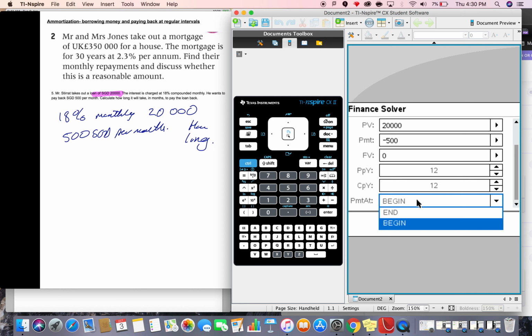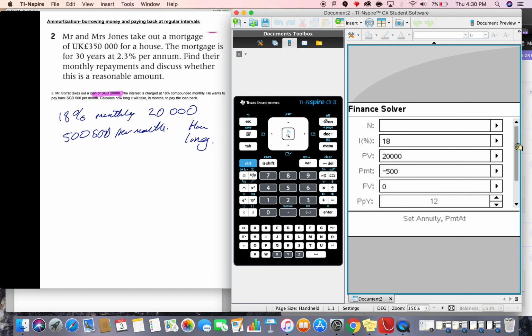It doesn't make any sense, because if you did that, you'd just take out a smaller loan. So when you take out a loan, you usually wait until the end of the first month or the end of the first year to start paying back. Okay, so we're going to pay back at the end. So this is under here, making the payments. We make payment at the end of the payment month. Okay, so everything's set up nicely there.